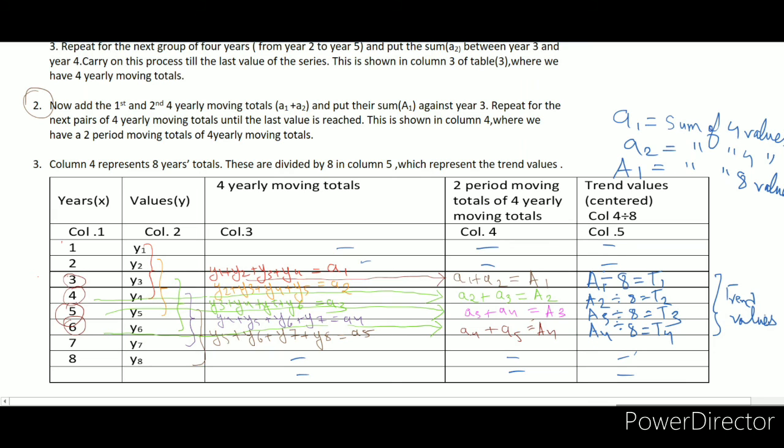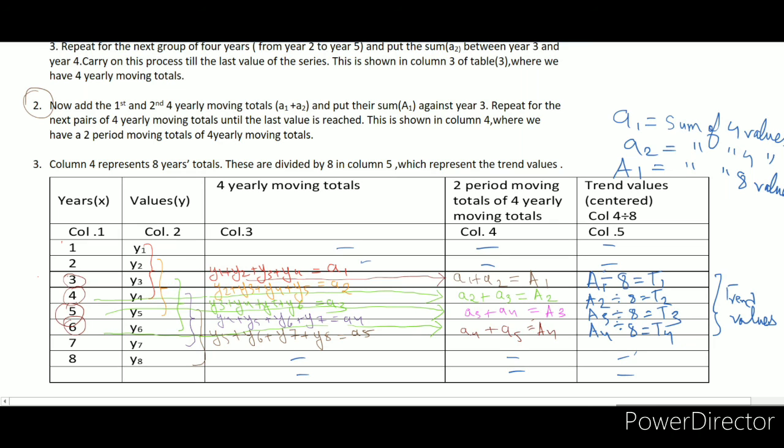Now if this was a 6 yearly moving average, the procedure is almost the same, but here we're taking groups of 6 instead of 4, and A1 will be a sum of 6 values, A2 also will be a sum of 6 values. So 6 plus 6 is 12.